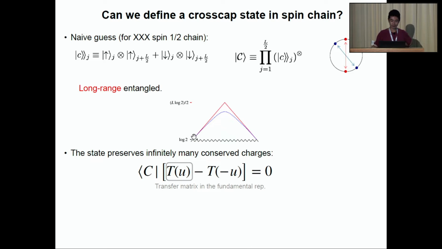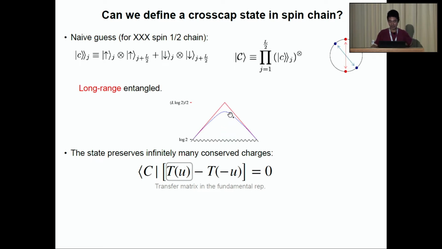If you, for example, compute the subsystem entanglement entropy and plot it as a function of length, it grows linearly until the subsystem size reaches half the system size, and then it starts decaying linearly. Whereas if you take a boundary state, it looks like this: the entanglement entropy is always very small.